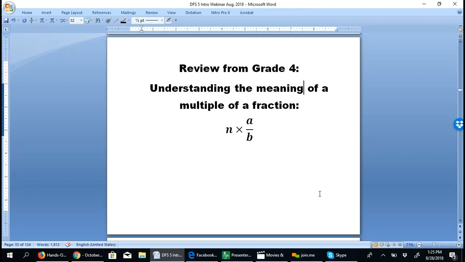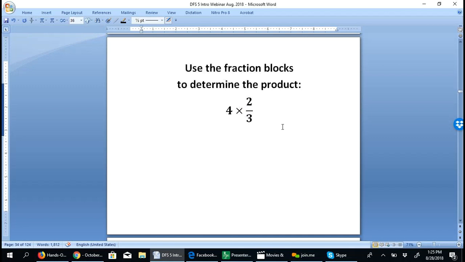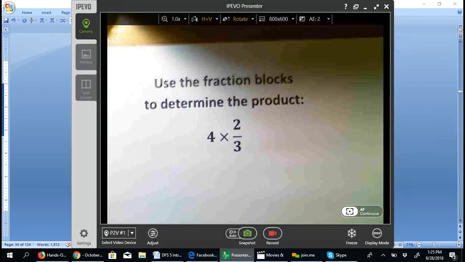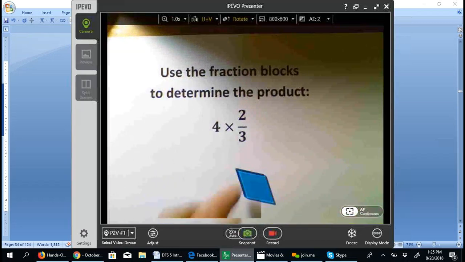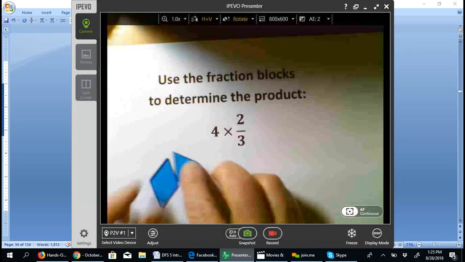So in the grade 4 program, the students learn to multiply a fraction a over b by a whole number. So for example, let's say we want to find out the value of 4 times 2/3. Let's see how we would do that. We know that 2/3 is 2 of the blue blocks.